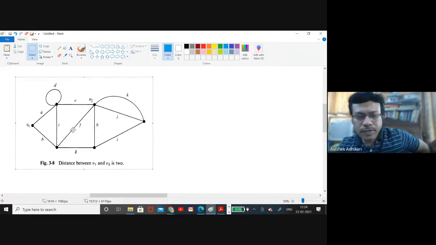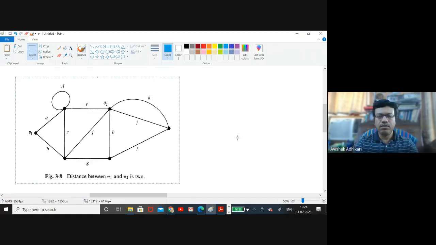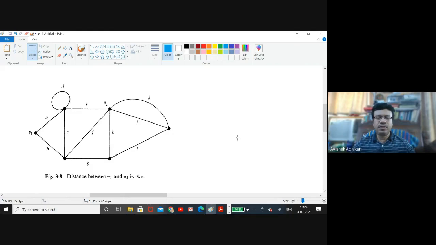Okay, so everything is labeled here properly, so you can easily see all those labels quite clearly. Now tell me which one would be the center of this graph. So you need to calculate the eccentricity of all the vertices.